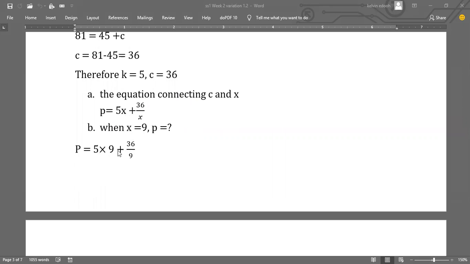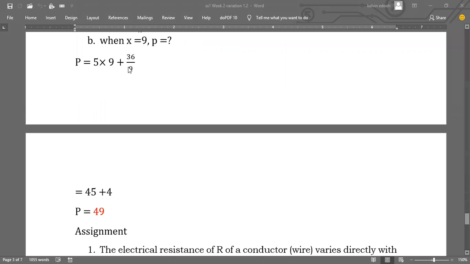So 5 times 9 gives me 45. And 9 into 36 is 4. So you have 5 times 9, 45, plus 4, that gives us 49.